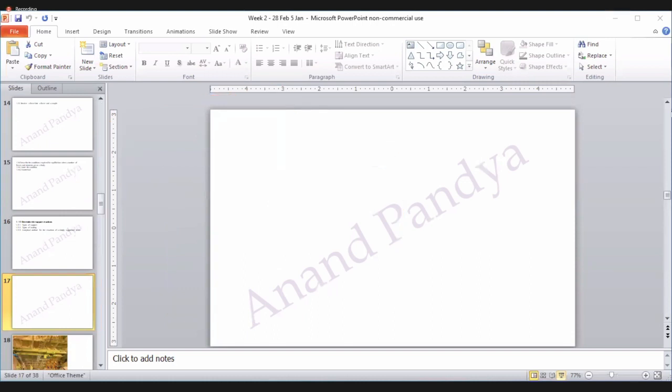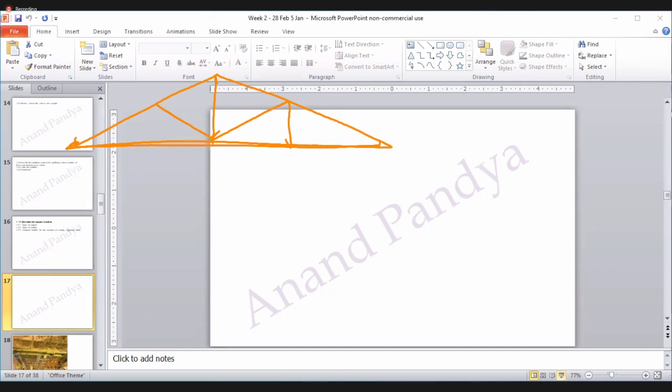And there are trusses. What are trusses? In a steel structure building, roofs have this kind of structure. It can have a variety of forms.